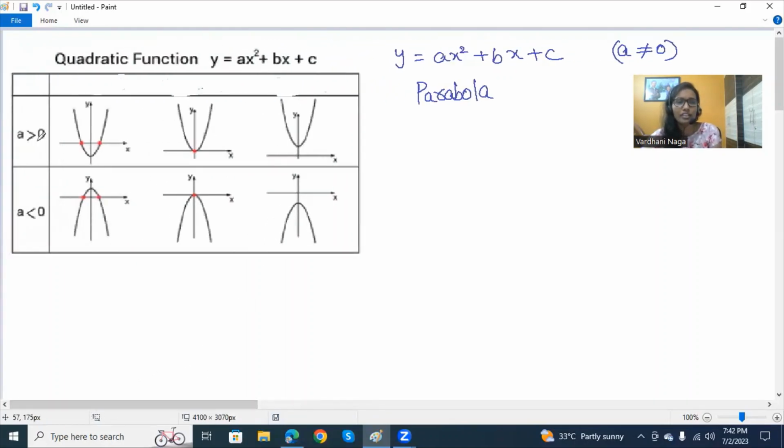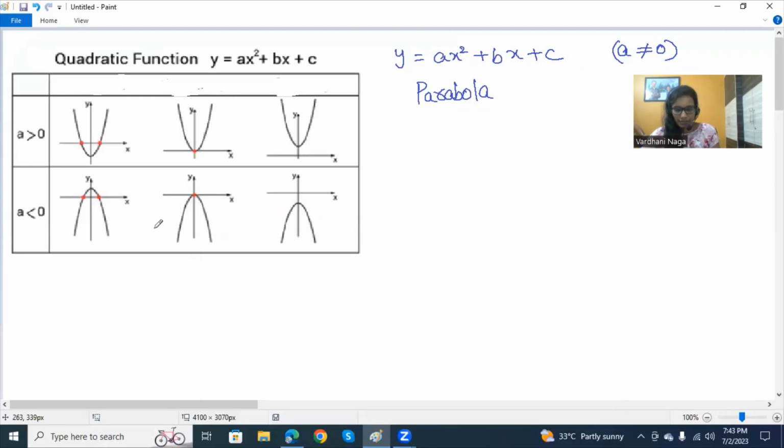For example, if a is greater than 0, that means a values are 1, 2, 3, 4, 5 and so on, you are going to get an upward parabola. If a is less than 0, that means a is a negative value like -1, -5, -8, then you are going to get a downward parabola.